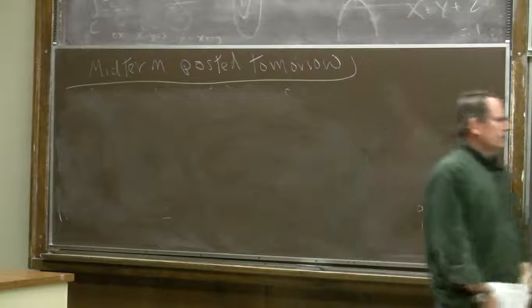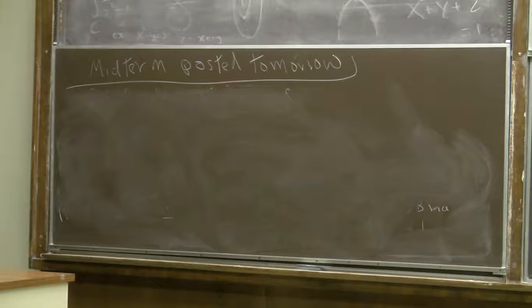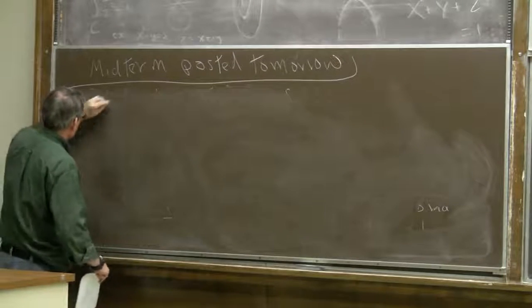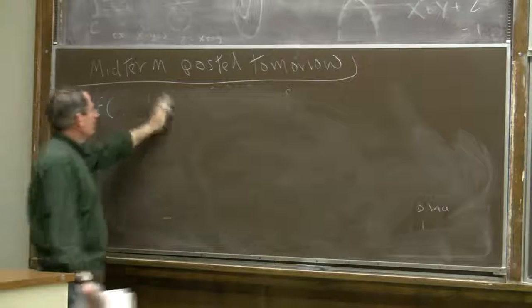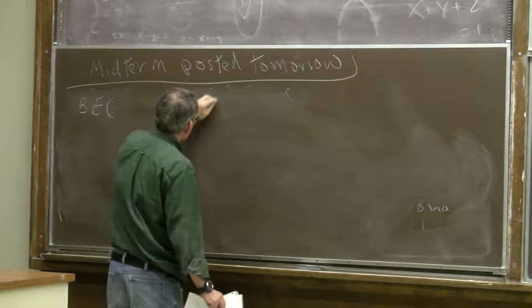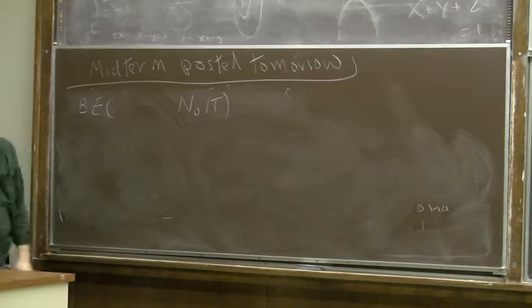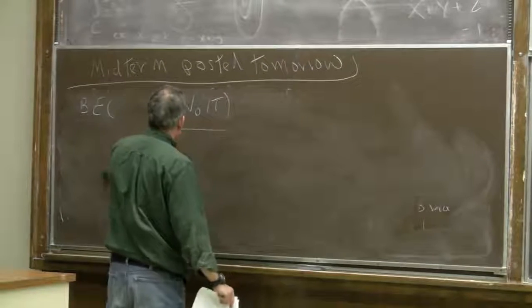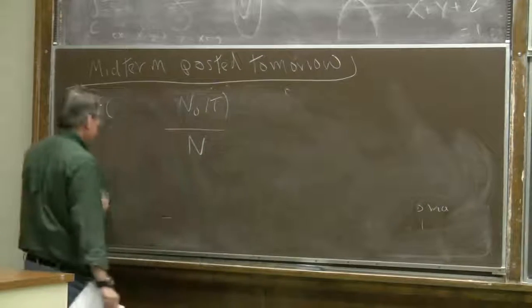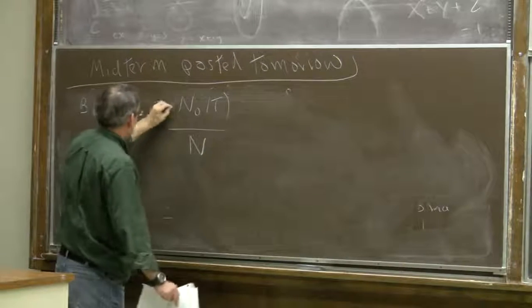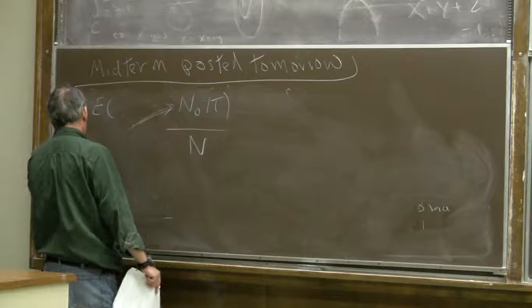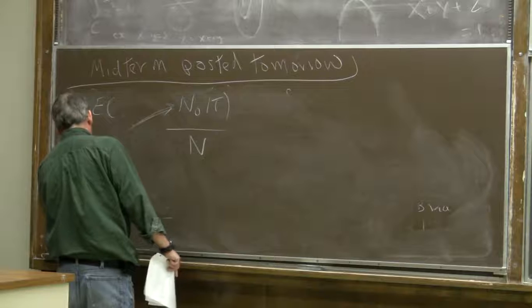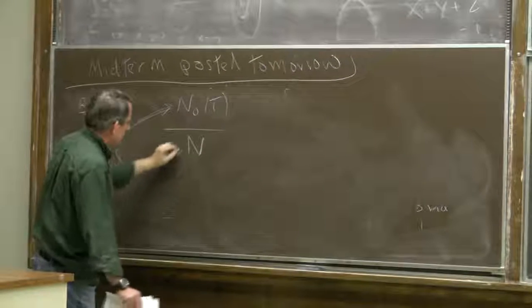Just to repeat what I just said, when we speak of a Bose-Einstein condensate, we mean the following thing. There's some number of particles at a given temperature which are in the ground orbital, and consider dividing that by the total number. This is the number in the ground orbital and this is the total number.